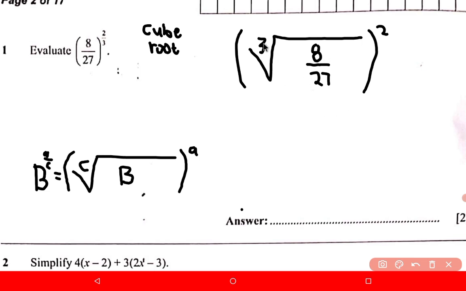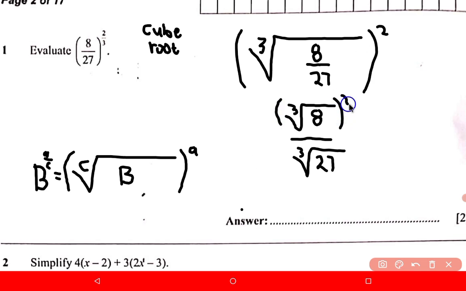This applies for both the numerator and the denominator, so we can put it like this, 8 over 27. We separate them, the numerator and the denominator, and the power applies to both, so we put a 2 here and a 2 here.